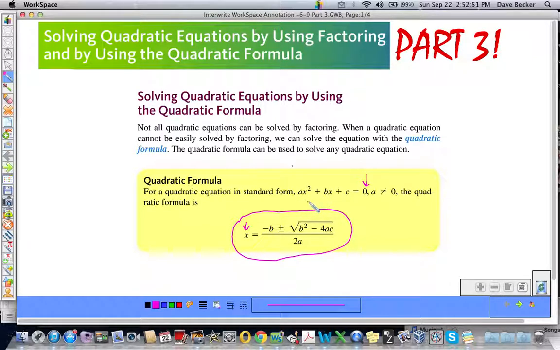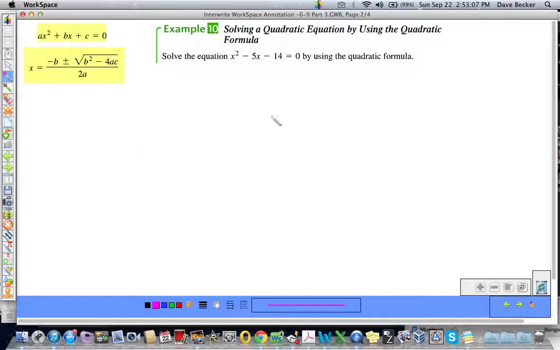In other words, we replace x with whatever we find and simplify, and we should get 0. There she is, x equals negative b plus or minus the square root of b squared minus 4ac all over 2a. Okay, example. Solve the equation x squared minus 5x minus 14 equals 0 by using the quadratic formula.